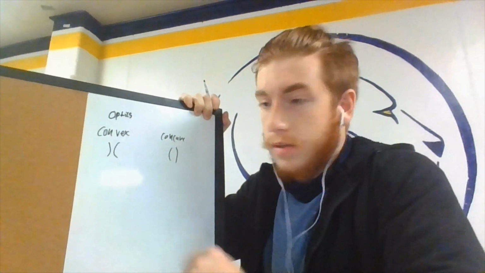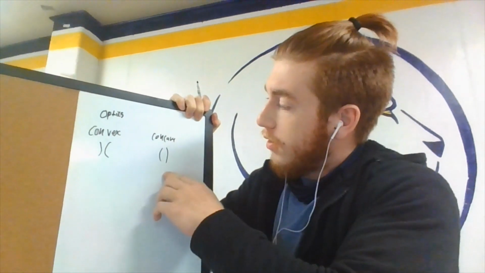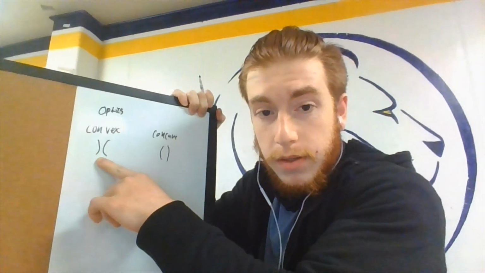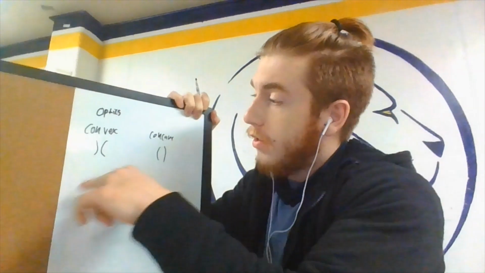As you can see, concave is thicker in the middle and convex is thinner in the middle, and this affects how light will go through it.